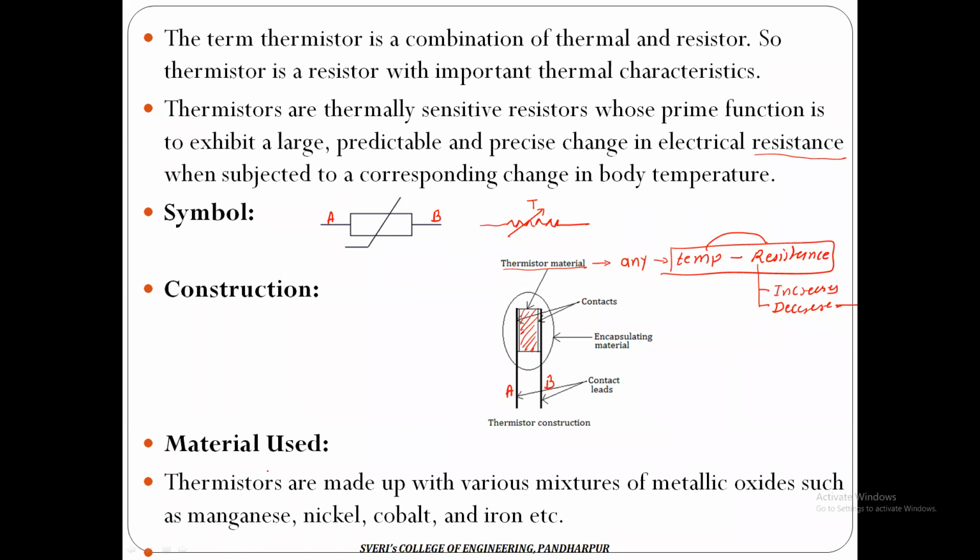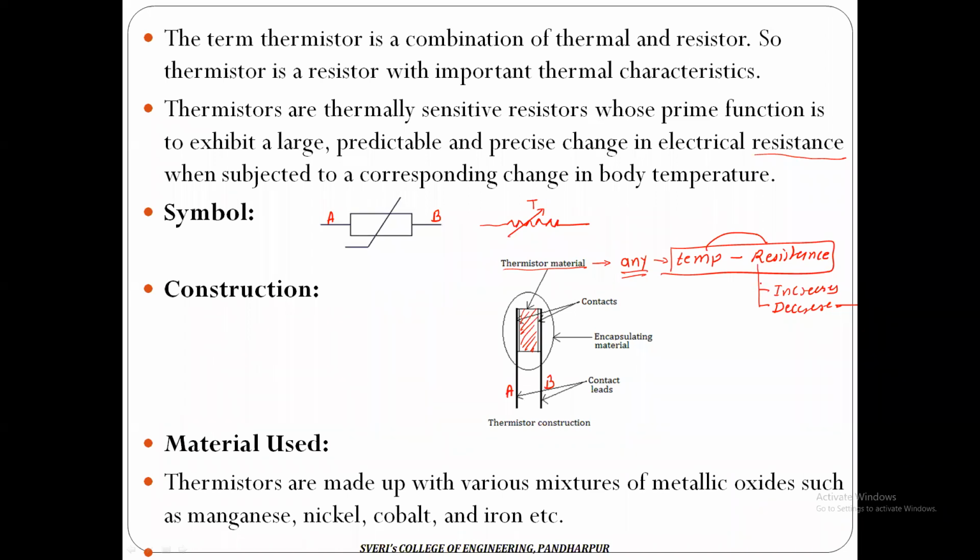And now you can read which material is used. The thermistors are made up of various mixtures of metal oxides such as manganese, nickel, cobalt, iron, etc. As I already said, any material that shows the property based on the temperature and the resistance, we can use for the construction of the thermistor here.